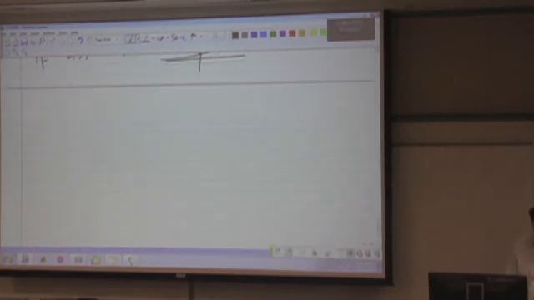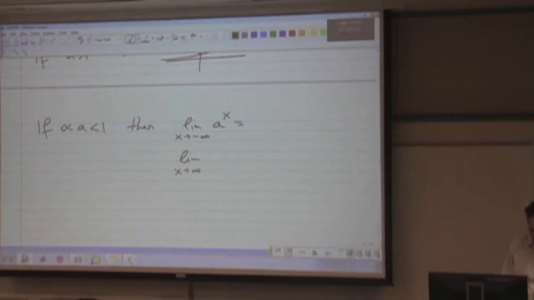So let's look at a couple of things. If a is less than 1, well, clearly bigger than 0, then can you tell me what the limit as x goes to minus infinity of a to the x is? And what is the limit as x goes to infinity of a to the x?